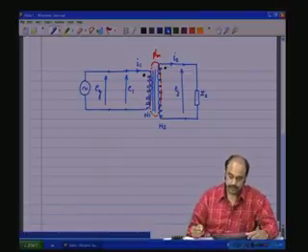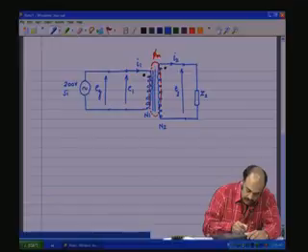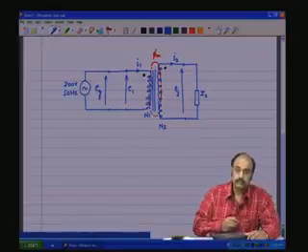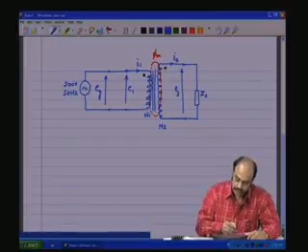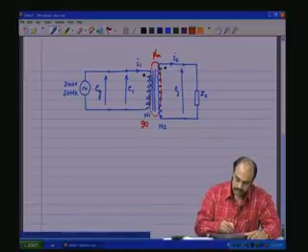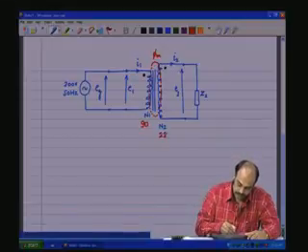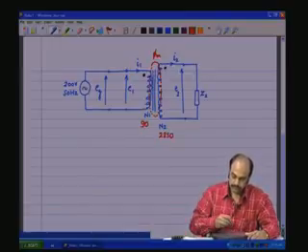So, for this circuit, let us say we have 200 volts 50 hertz as the source, and let us say this is 90 turns and this is 2250 turns, N2.